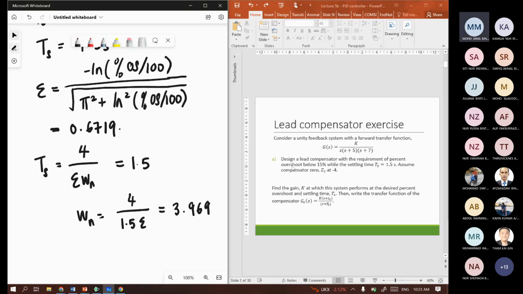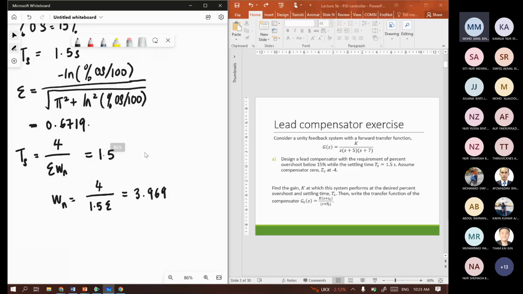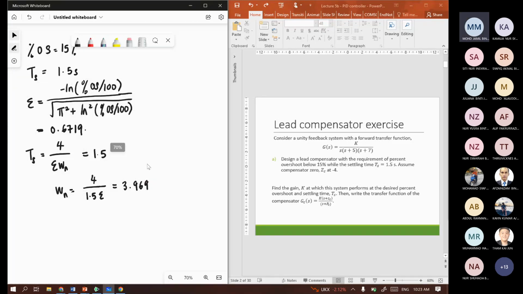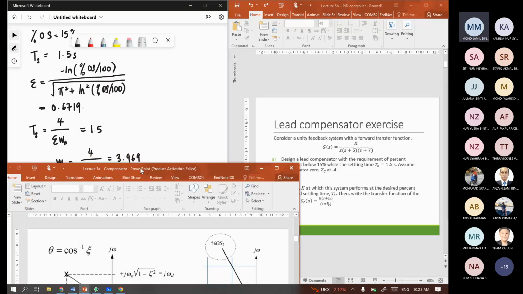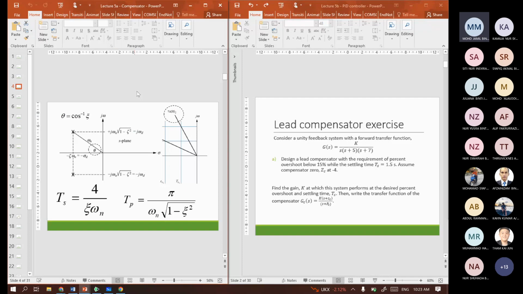After you get both the damping ratio and natural frequency, then you can determine the dominant pole. If you look back at the slide from the previous lecture, the dominant pole is located on this X here, where the real axis equals damping ratio times omega n, and the imaginary axis is omega n times the square root of 1 minus damping ratio squared.